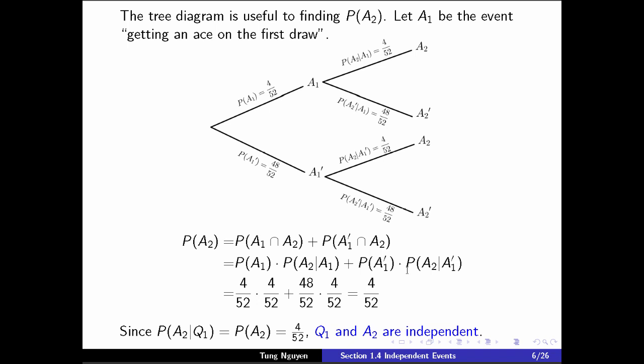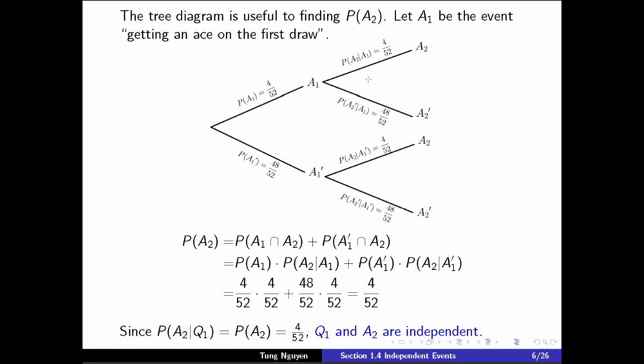So we need one more notation. We call A1 the event getting an ace on the first draw. So with that notation, we can fill in this tree diagram. That is the root. On the first draw we get either an ace or not an ace card, with the corresponding probabilities 4 over 52 and 48 over 52.